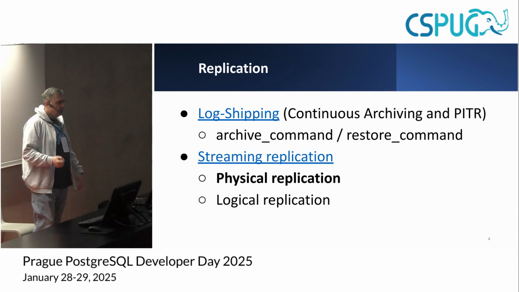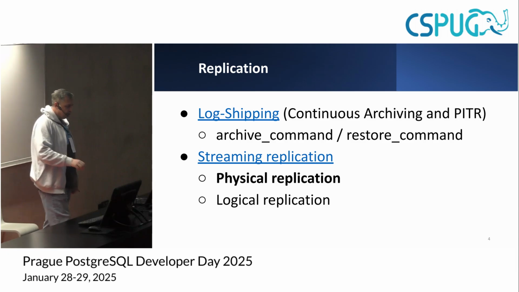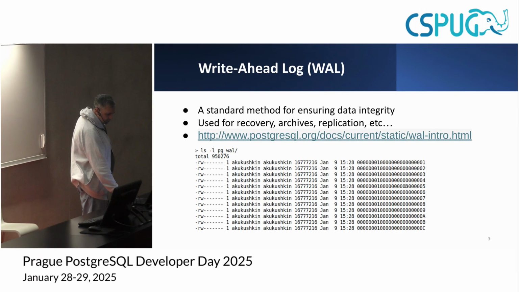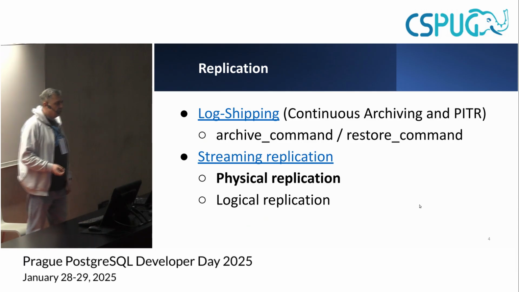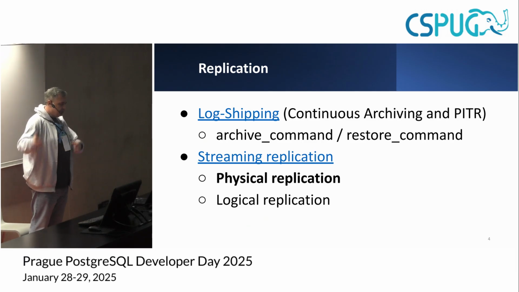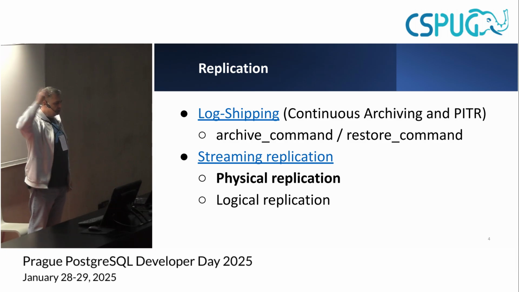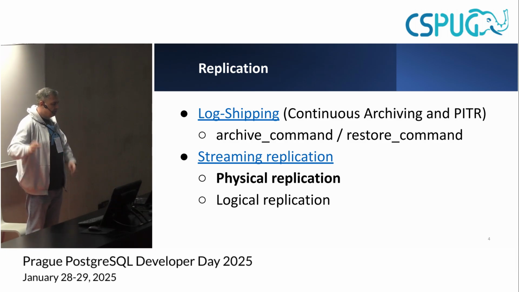How does it work? When Postgres finishes writing a single log file, for example this one, which ends at 7, it switches to the next one, which ends at 8, but at the same time it will call archive_command, specifying that I want you to copy this file to some external storage, to some safe place.